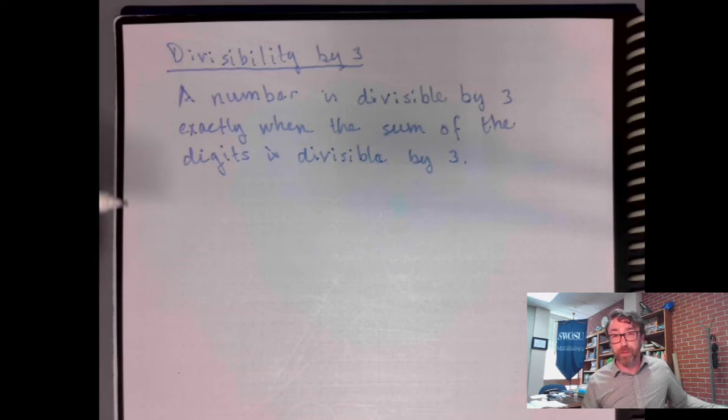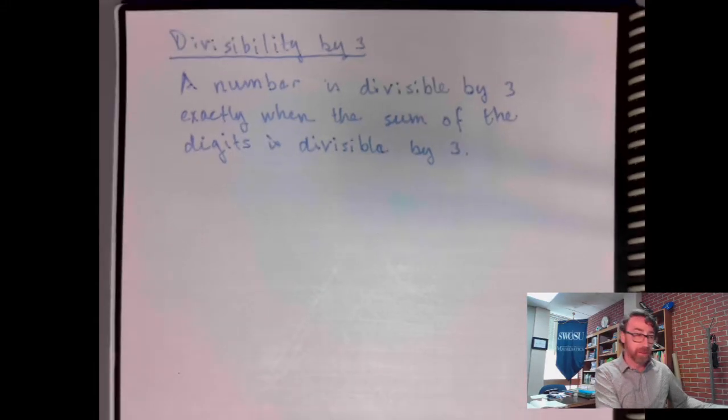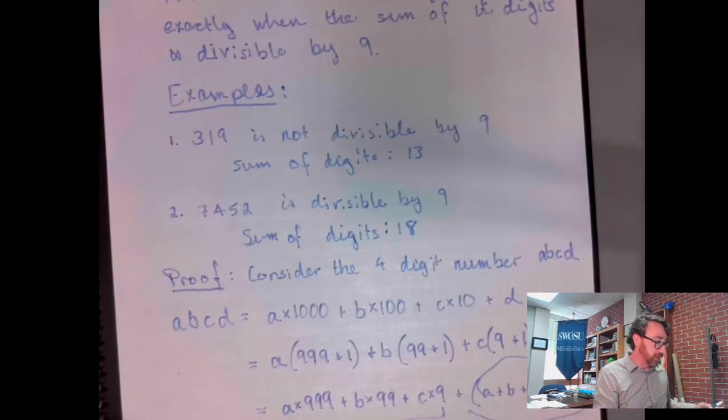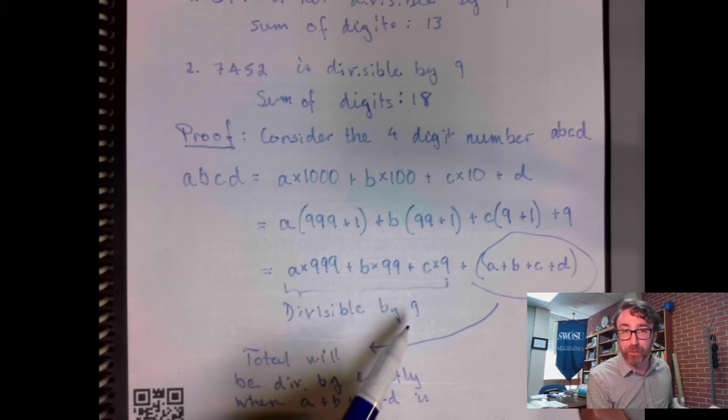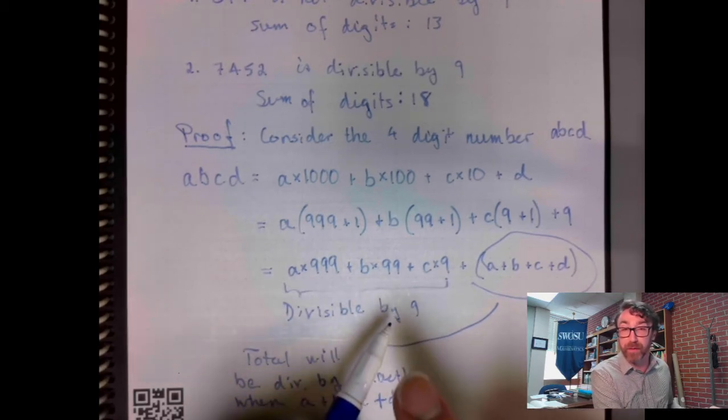Now the proof would be the exact same proof that we used when we were establishing the divisibility test for 9. And the reasoning is when we did this rewriting, well, yes, that's divisible by 9. It's also divisible by 3.